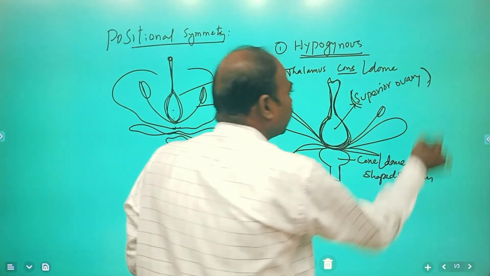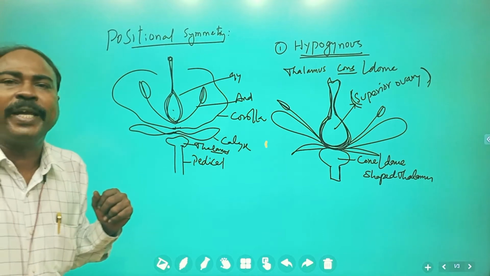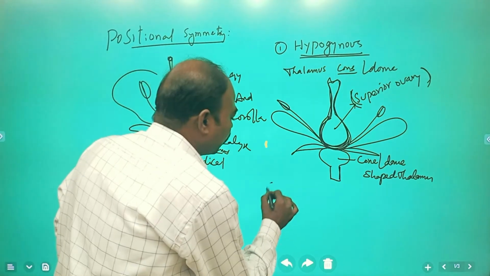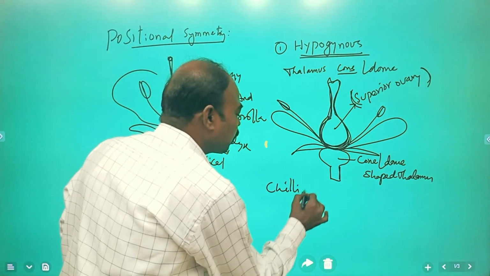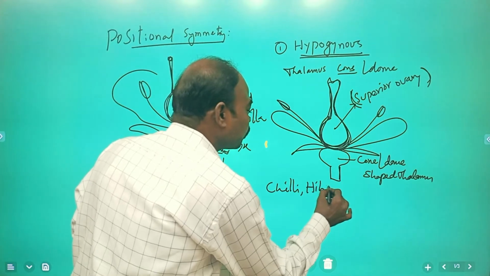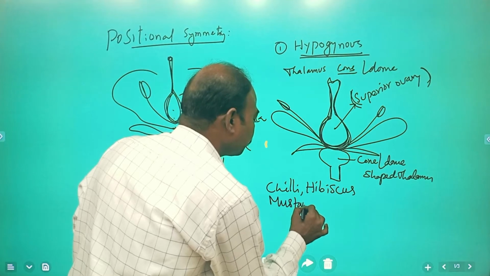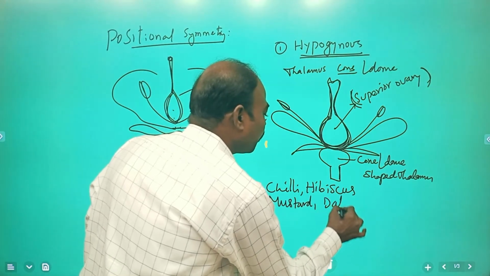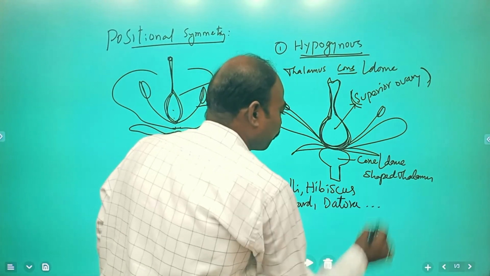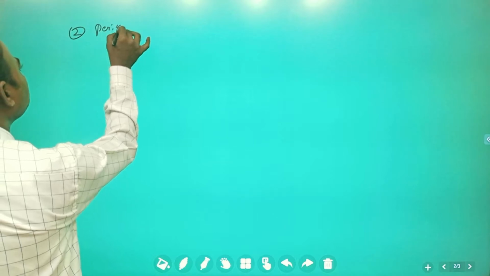For example, chilies, hibiscus, mustard, datura, etc.